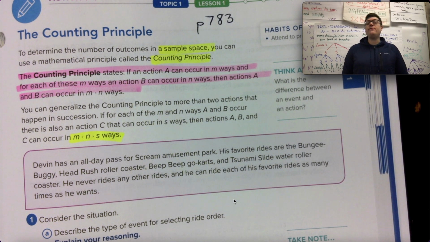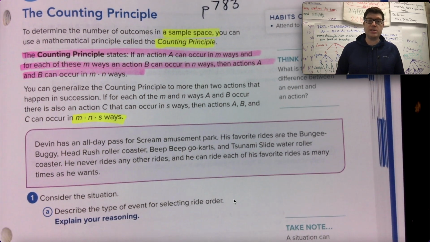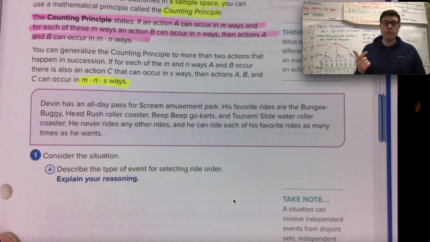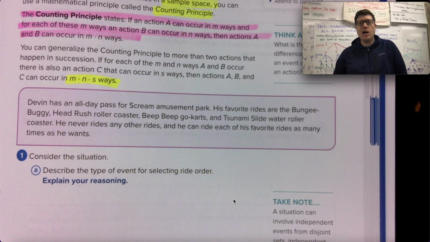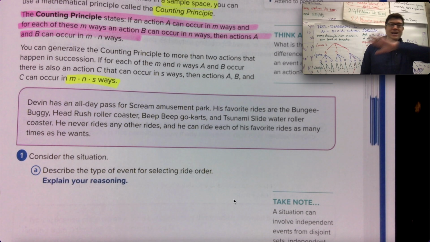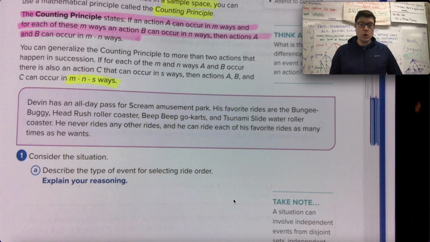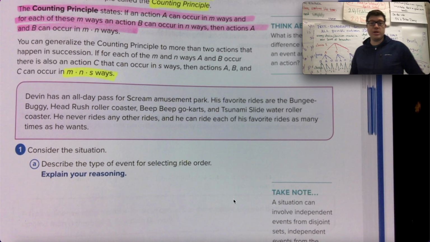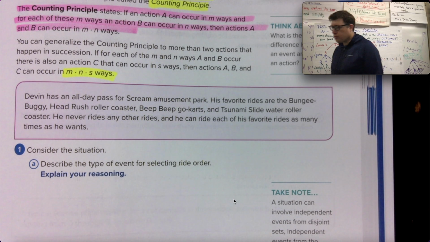Here we go. Devin has an all-day pass for Scream Amusement Park. His favorite rides are the Bungee Buggy, the Head Rusher roller coaster, Beep Beep go-karts, and Tsunami Slide water roller coaster. He never rides any other rides, and he can ride each of his favorite rides as many times as he wants. So if we're going to consider the situation, describe the type of event for selecting ride order.